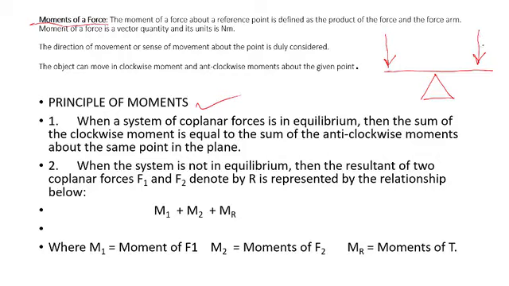And this other one is acting down, projecting this to go up. It's trying to tell us that about this point, the sum of the clockwise moments is equal to the sum of the anti-clockwise moments. And with that, this will rest perfectly on this point.